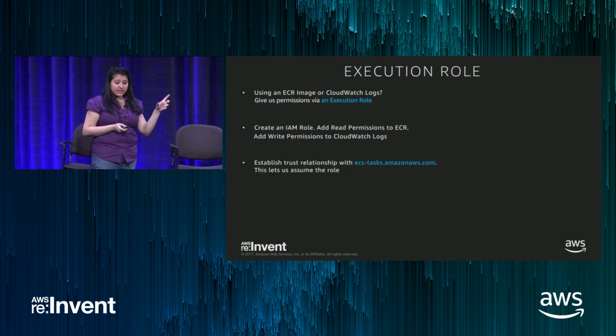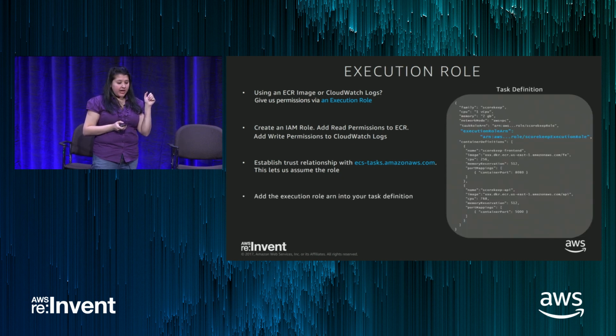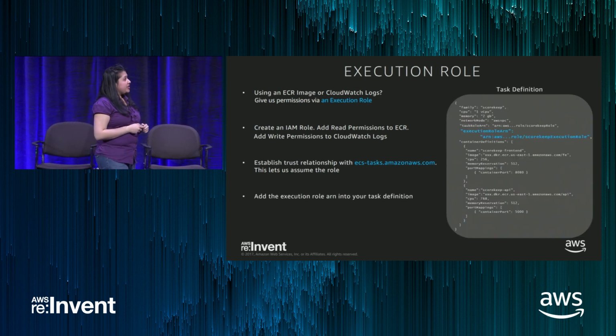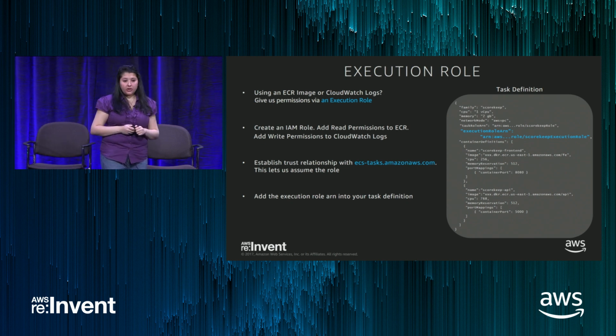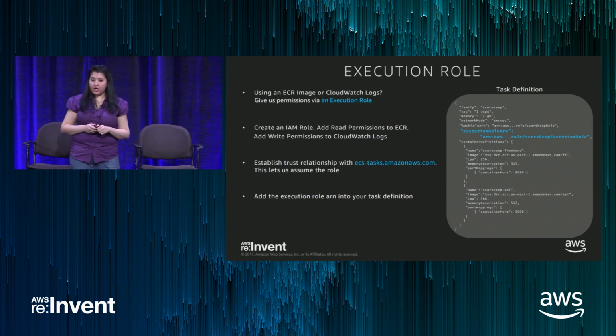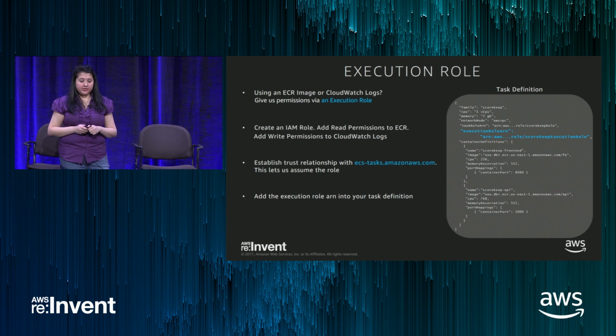Again, you need to establish that trust relationship with ECS so we can assume the role and perform those activities on your behalf. And in your task definition, there's a second role parameter called execution role ARN that you will have to set with this role that you created.